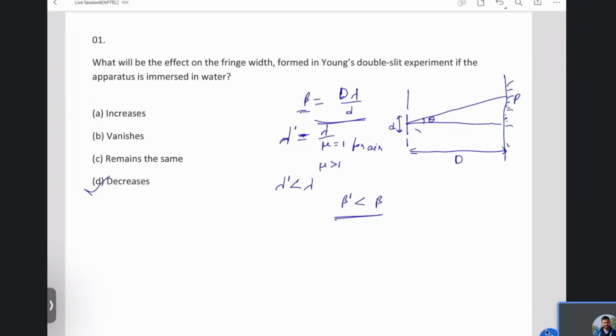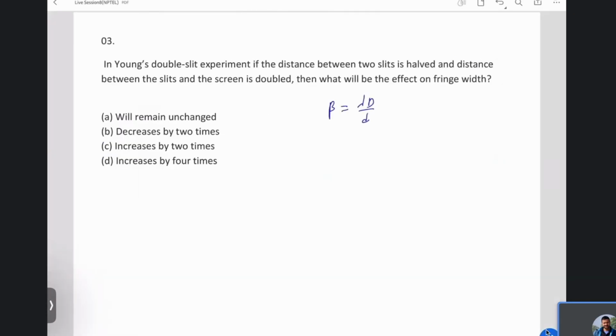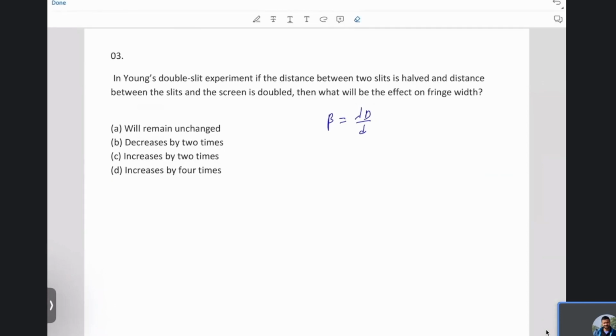So same formula we have to use here. So the question is, if the distance between the two slits is half, that is d becomes d by 2, and the distance between the slit and the screen is doubled, that is capital D becomes 2D. Okay, then what will happen to the fringe width?